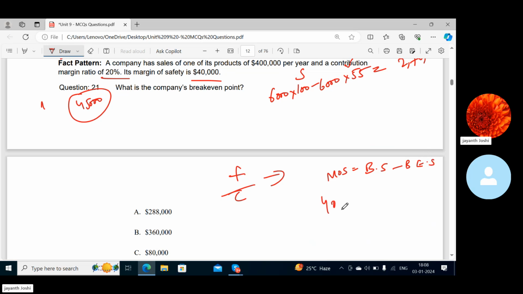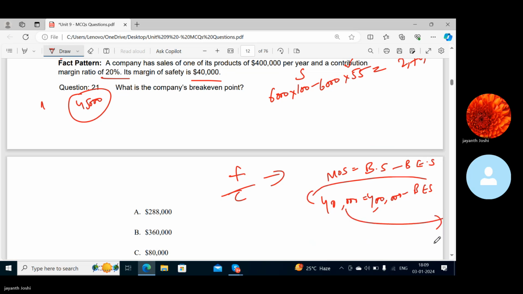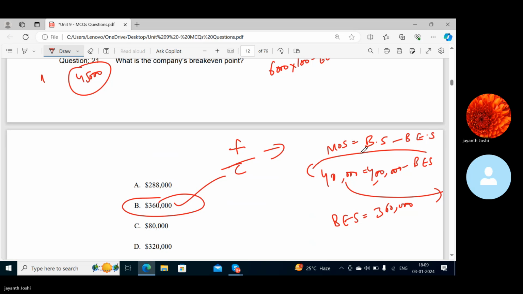Margin of safety is 40,000. Budgeted sales is 400,000. Break-even sales, bring this here. Break-even sales is equal to 3 lakh 60, because we have to add. I bring 40 here and this will go there. It is already plus, it will become minus.